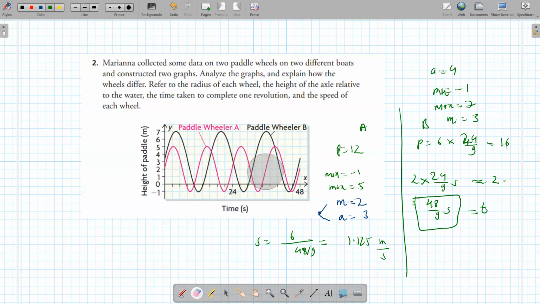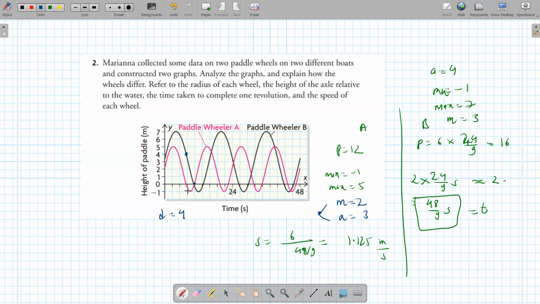Now let's find the speed, which is always kind of tricky because the numbers are not nice here. But let's say I go from here to here, right? What's the distance I've traveled? 4, so that's my distance.